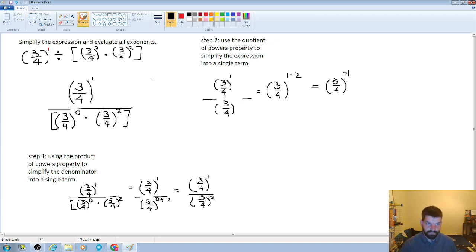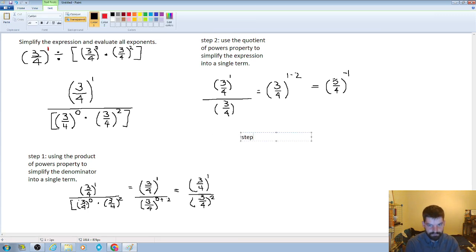They're just the reciprocal. So step number 3 is, let's transform the negative exponent on the base by taking the reciprocal fraction. Perfect.